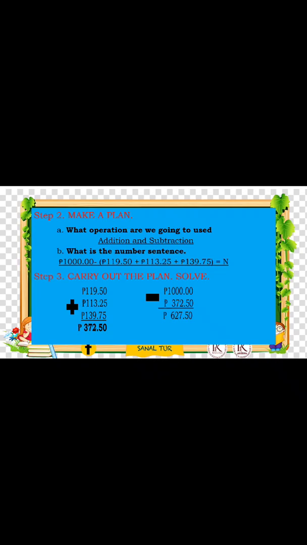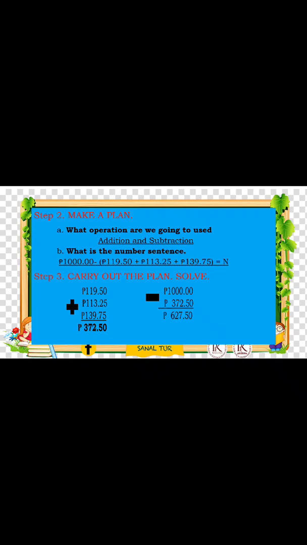So again, you apply the rule in subtracting decimals. Always align the decimal point. So how much was the money of the mother left, or how much was her change? That is 627 pesos and 50 centavos.